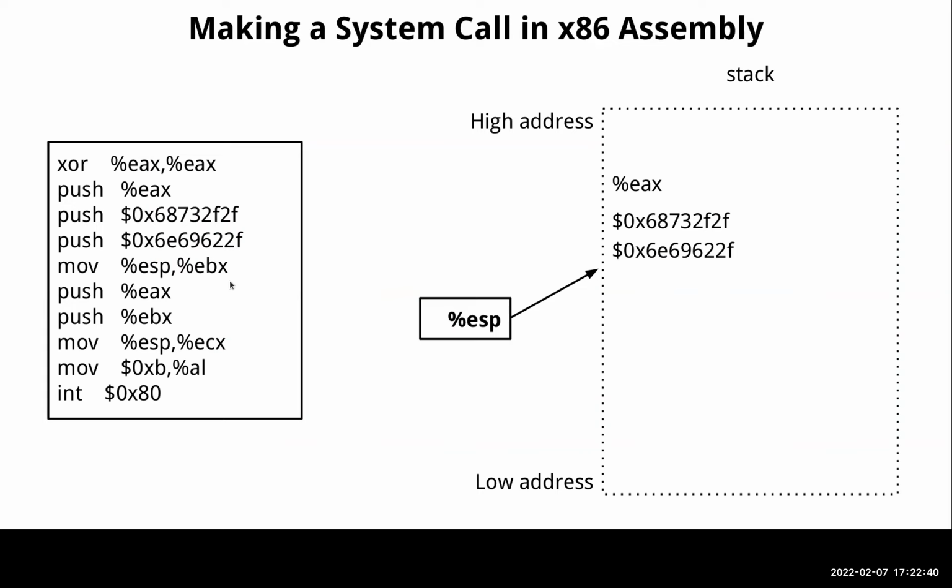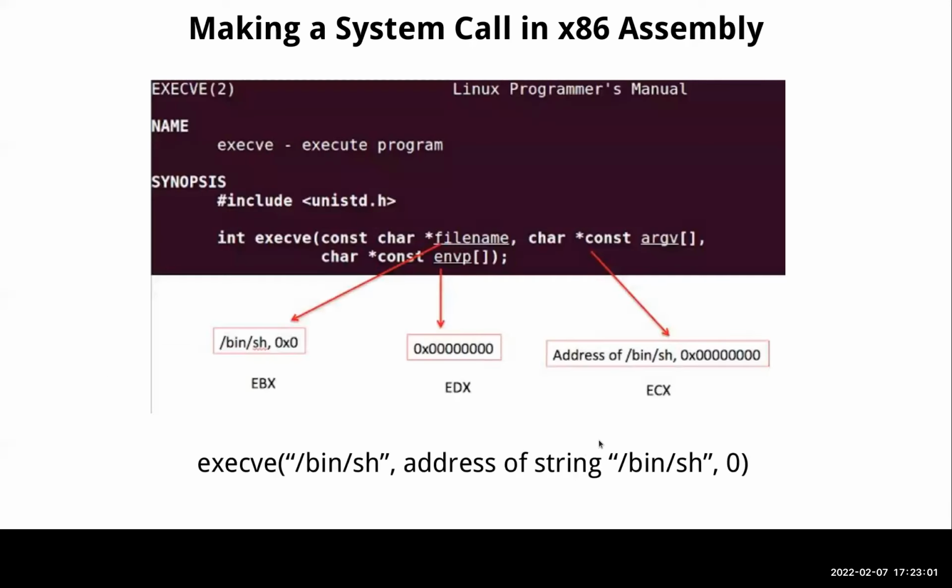So EBX has the address of the string now, right? Then we push EAX again, so there will be another 0 here. We push EBP again, there will be the address of this here again. Then we move ESP to ECX. So ESP will be pointing to this, and that will be the address of the string again and a 0.